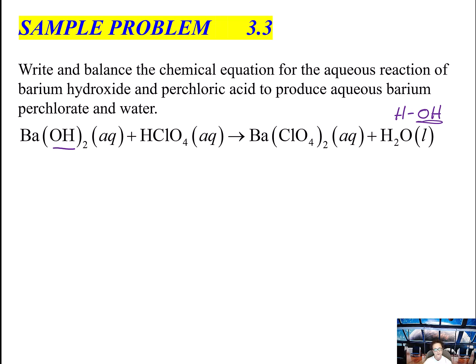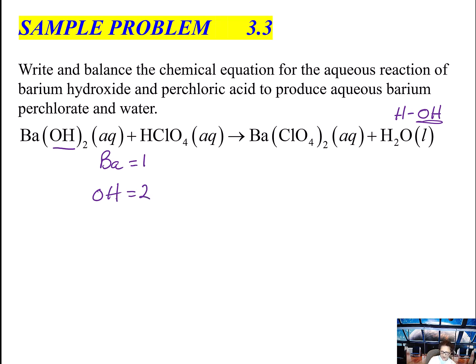So when I have water and I have a hydroxide on the left-hand side, I'm going to consider that to be a hydroxide. Okay, so now I've got barium, I've got hydroxide, because I'm going to just leave that together, which it is, and I have 2 of those.